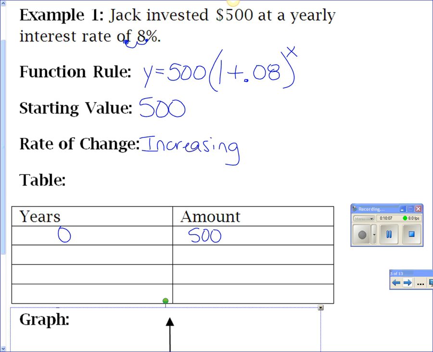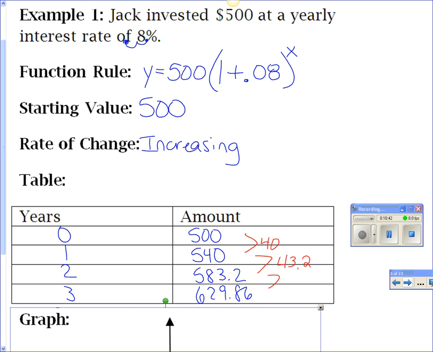All right, what goes in for year 1? How much money does he have? 540. What about for year 2? 583.2. And the third year? Okay, so look, from 500 to 540 is how much? 40. How much is it from 540 to 583? Very good. 43.2.